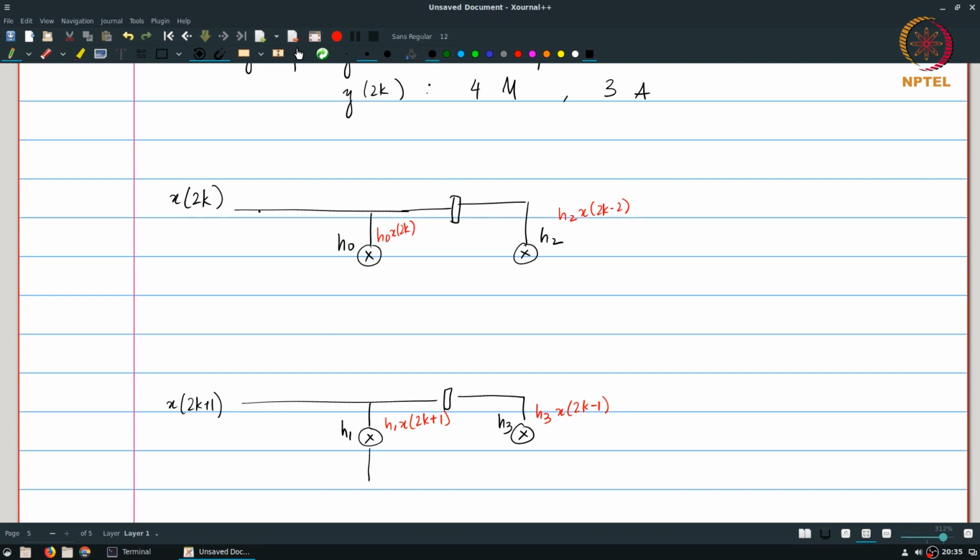Add the two together. We will add these two together over here and add the h1 and h3 terms together over here.